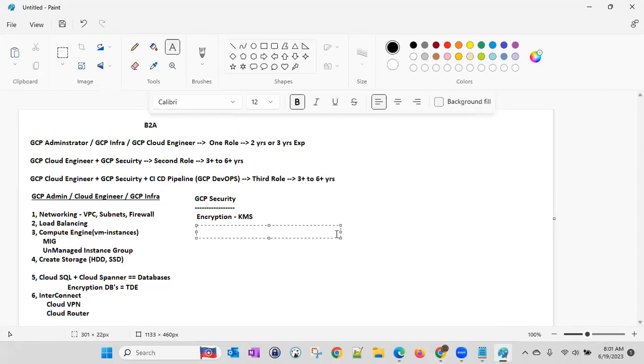Binary authorizations, I am just giving examples. Identity aware proxy. What is meant by identity aware proxy? Then cloud.